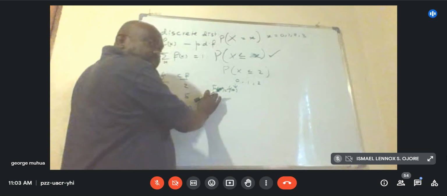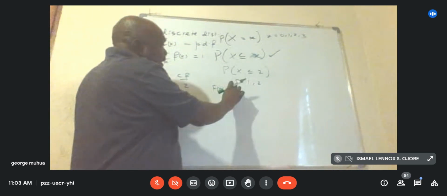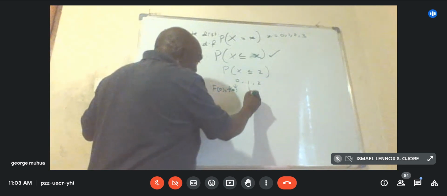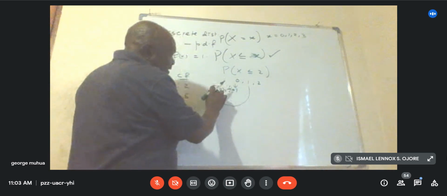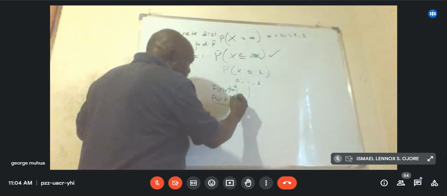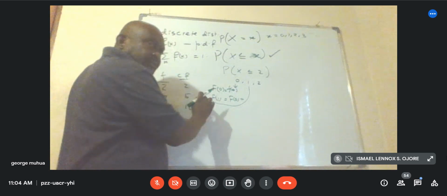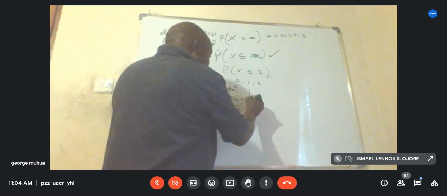That value is the same as the cumulative value. Now, when I come here, I want to look for the capital F of 1. This will now be the one I got for 0, that is capital F of 0, plus now the PDF at 1, that is small f of 1.